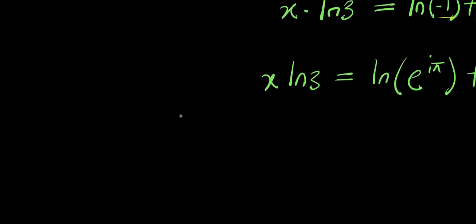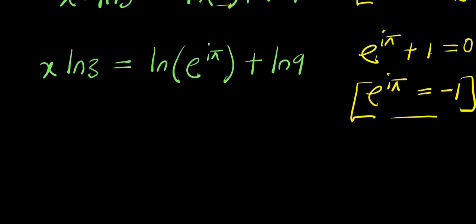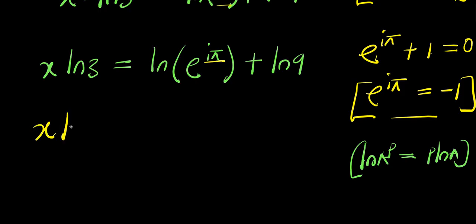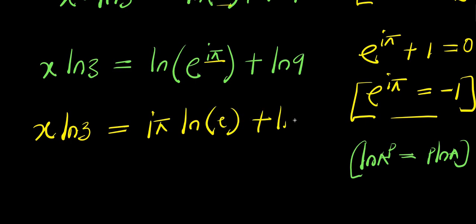So from here, I also go back to this same identity. Natural log a power p equals p times natural log a, meaning that i pi comes behind this, so we have x times natural log 3 equals i times pi times natural log e plus natural log 9.